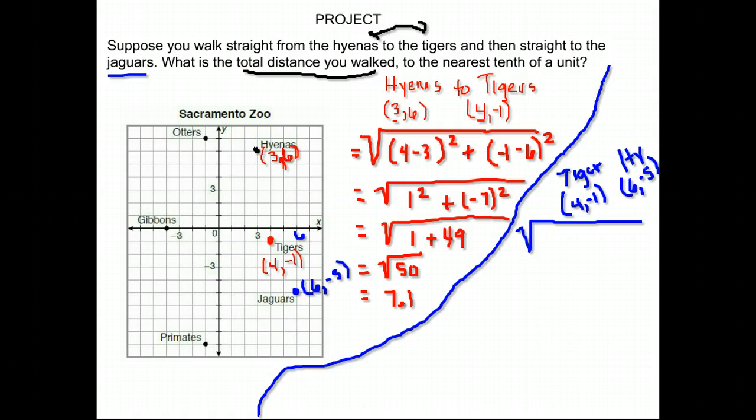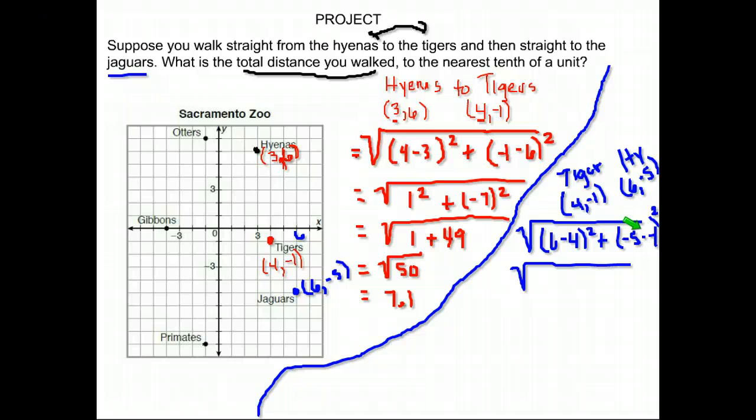Again, we're going to use the distance formula. Okay, so the distance formula is 6 minus 4, or x minus x squared, plus our y's, so -5 minus -1 squared. Okay, we need to simplify that.